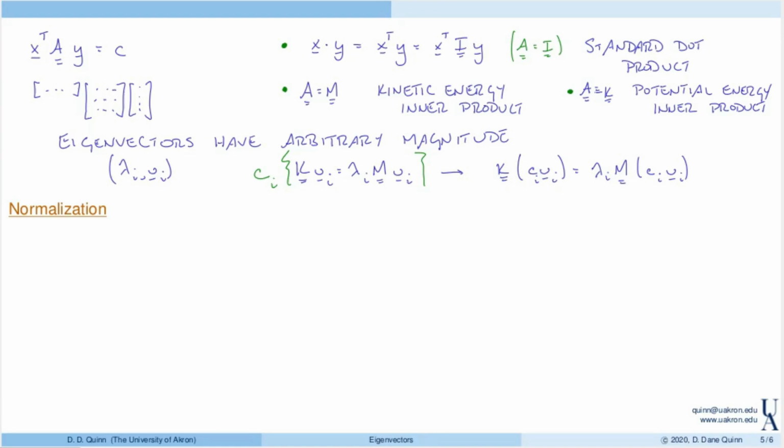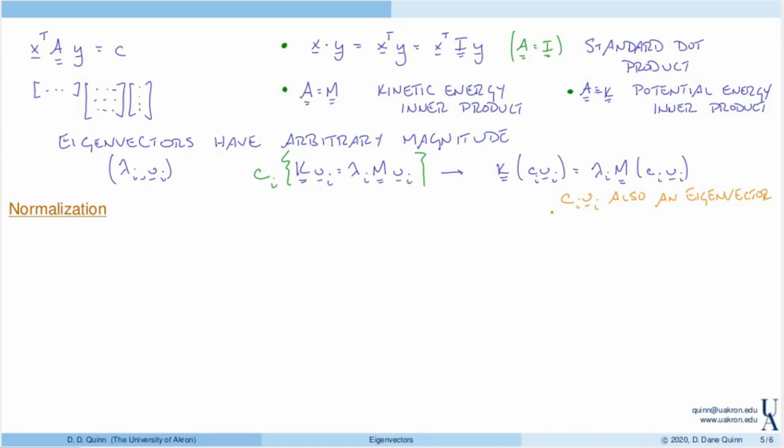So what that means is that ci times ui is also an eigenvector. So if I have an eigenvector, I can scale it by any constant, and it remains an eigenvector. In fact, I don't even have to scale it by a real constant. I can choose a complex constant.